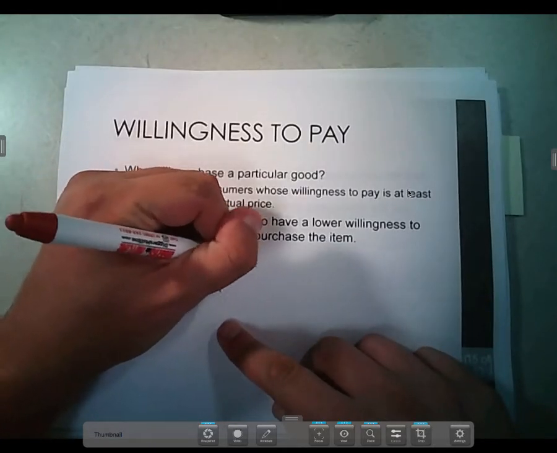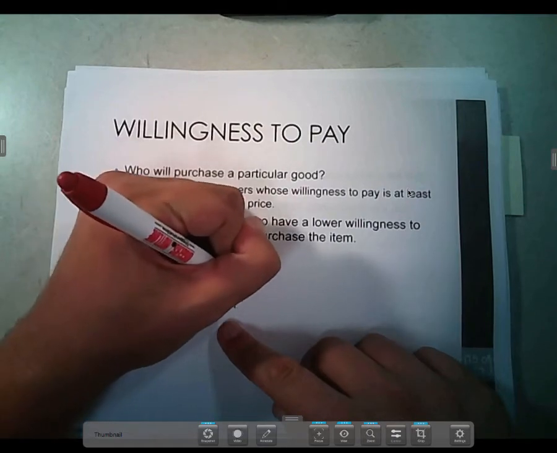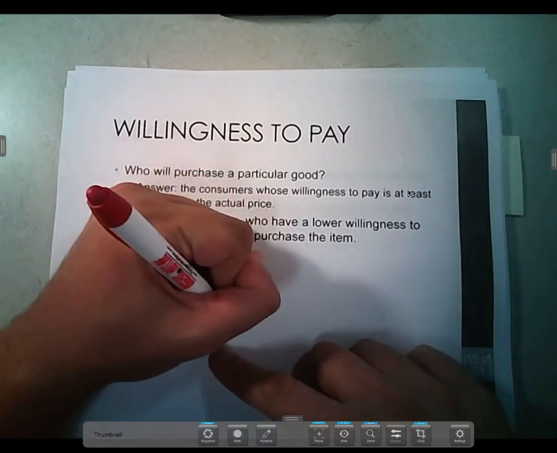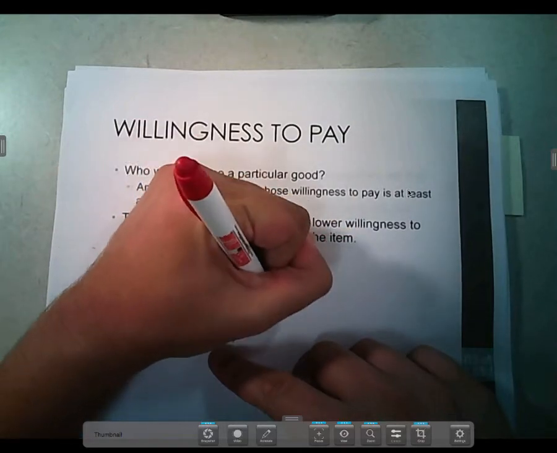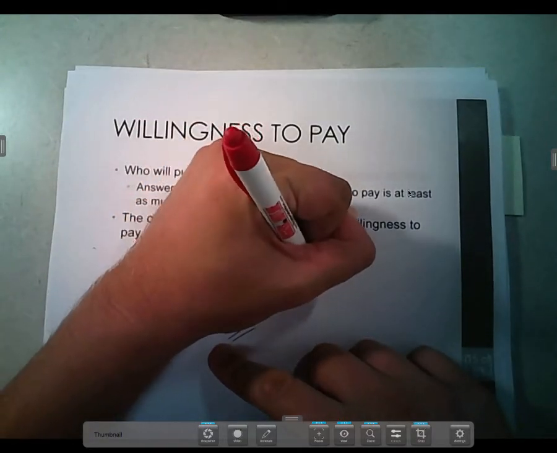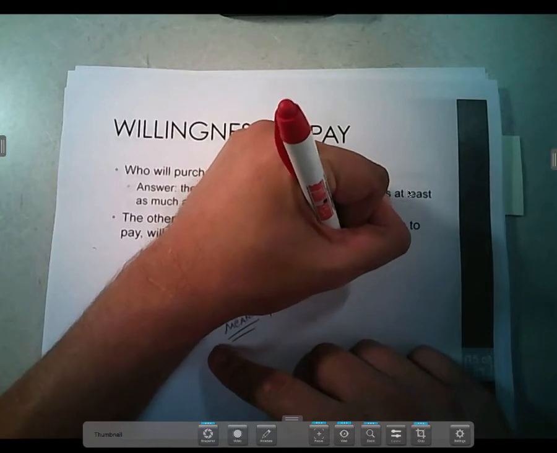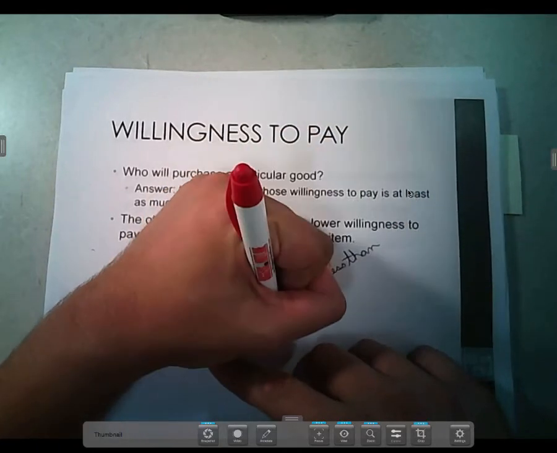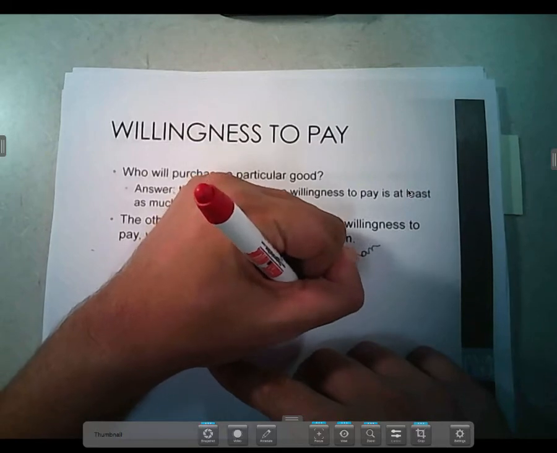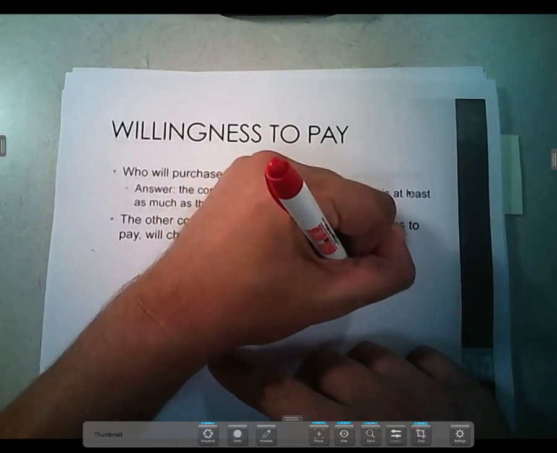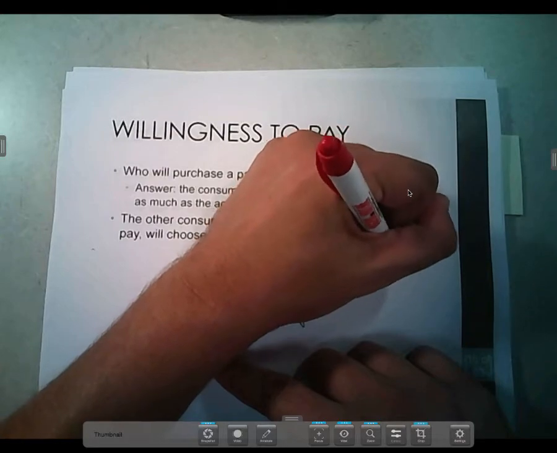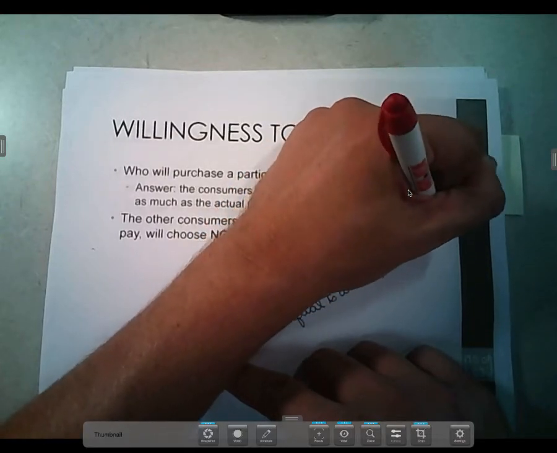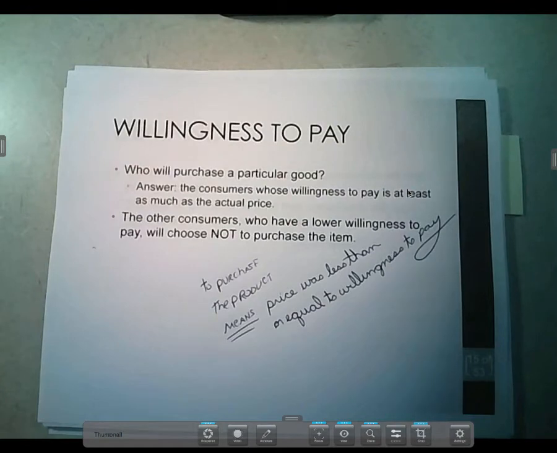So to purchase the product means that if I purchase the product, the price must be less than or equal to my willingness to pay for the item.